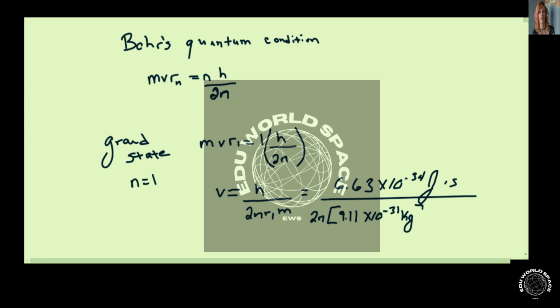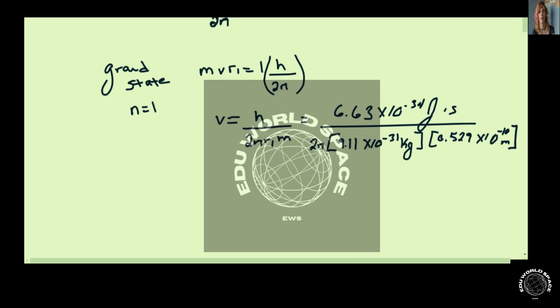That's the electron mass. Times the radius, which is 0.529 times 10 to the negative 10 meters.